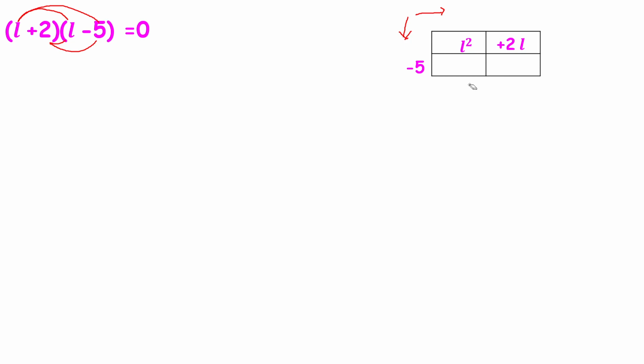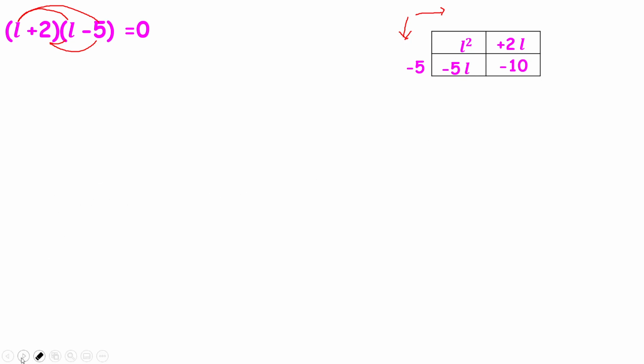Then we take a multiplication of L and negative 5. Negative 5 into L is equal to how much? Negative 5L. Also negative 5 into 2. What will we get? Negative 10.